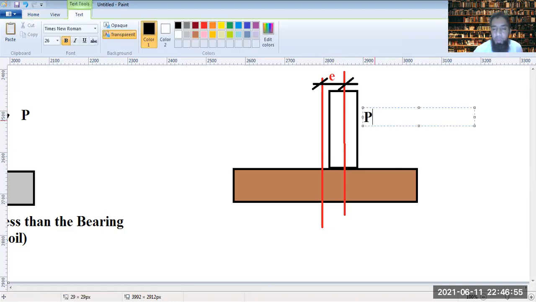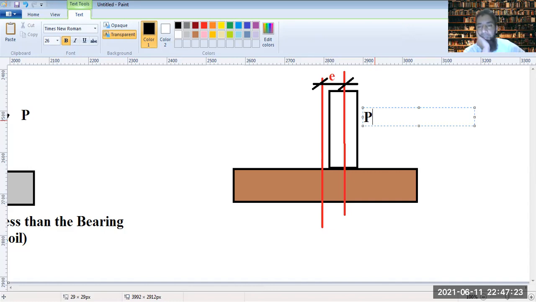Now, why would anybody go for an eccentric footing while designing this? Probably there is an offset on one side, and there is another building or something else, and there's a property issue, so you cannot go towards that side for footing construction. So you need to design an eccentric footing, where one side of the footing is quite large as compared to the other side.